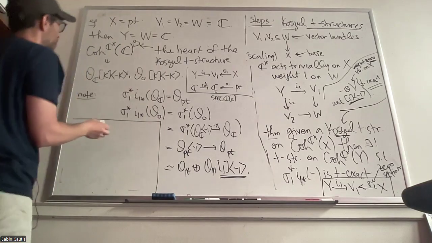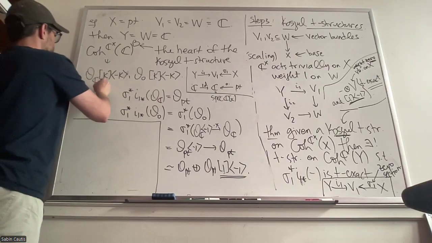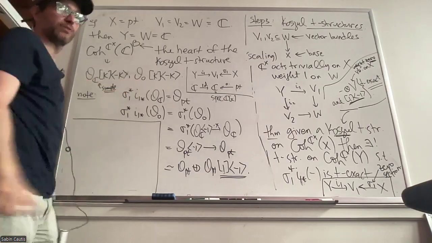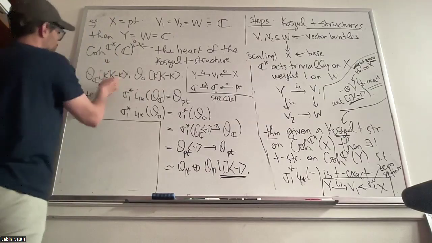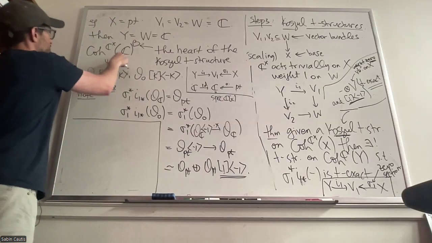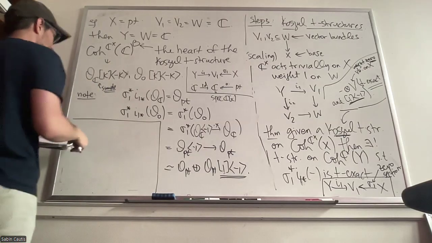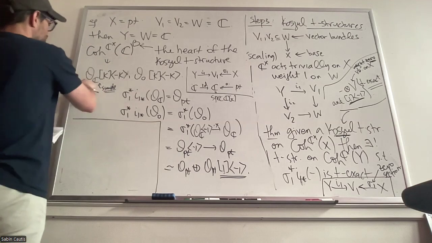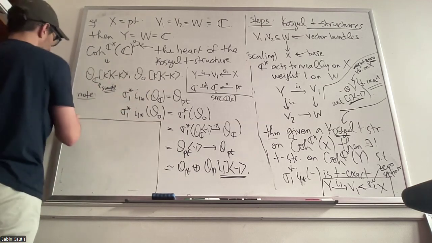In particular, if you look at these objects, this one is simple, but this one is not simple. In fact, up to shifts of this sort, there's only one simple object here. It'll be just the structure sheaf. So to see what happens, namely why this one is simple and why it's finite length, just a note almost.